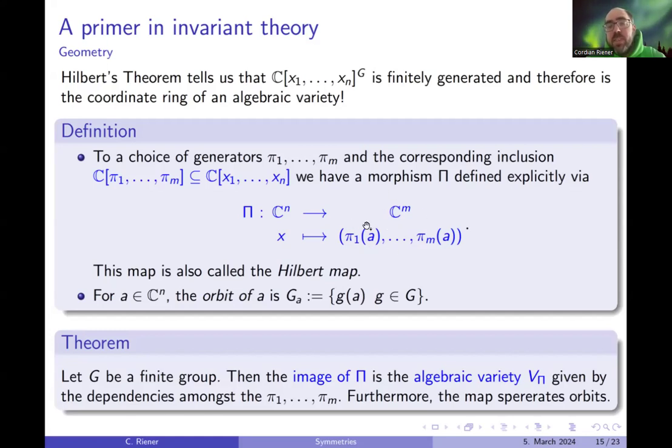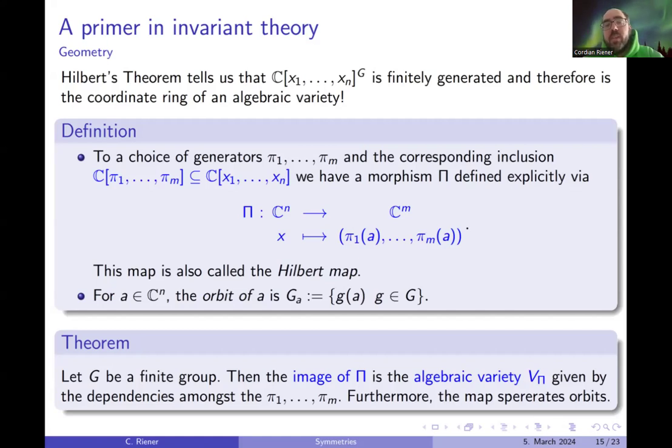The image lives in C^m, but we have already seen that these polynomials are in general not algebraically independent. So there are some algebraic dependencies on them. If I mod out those algebraic dependencies, I get exactly the image of my variety.